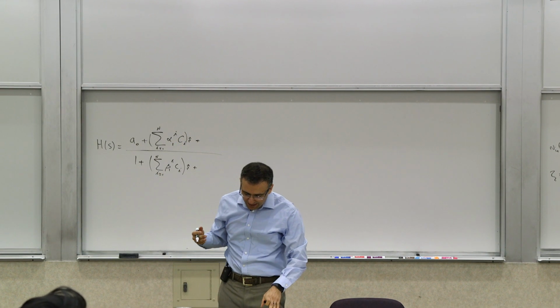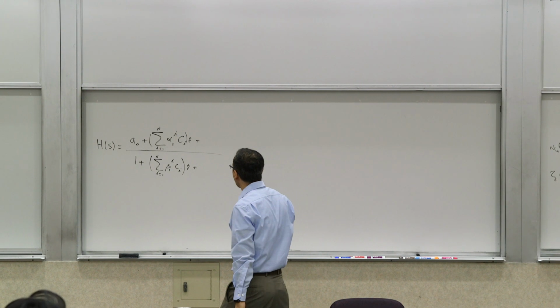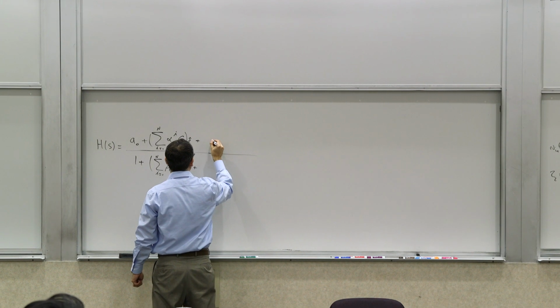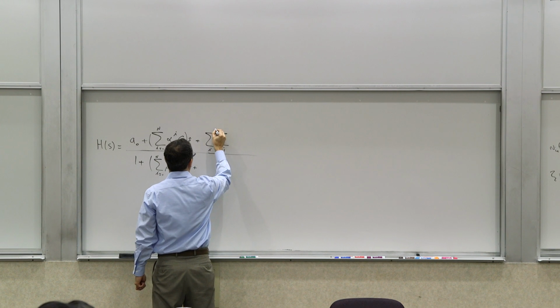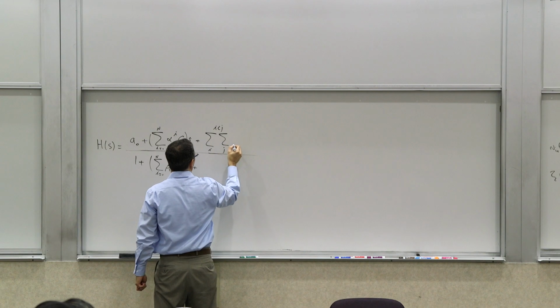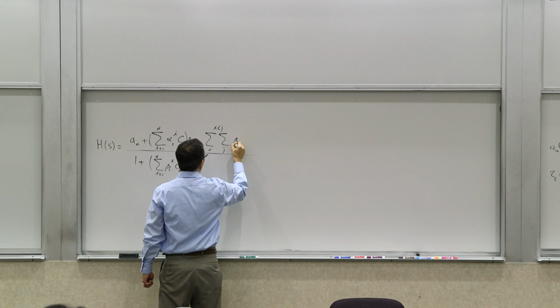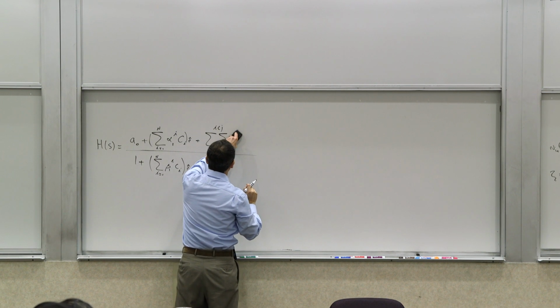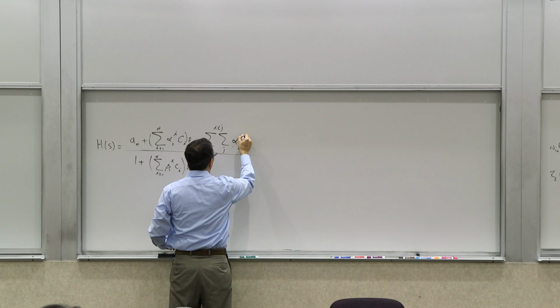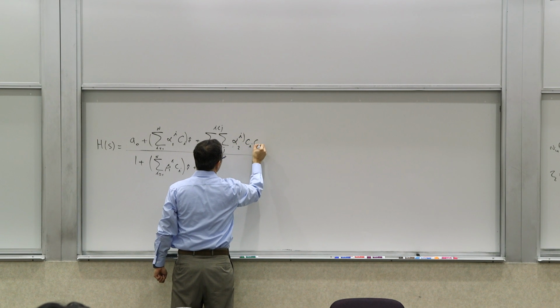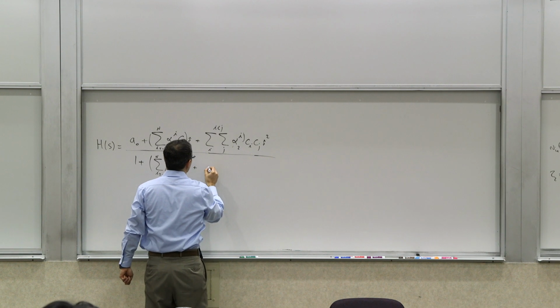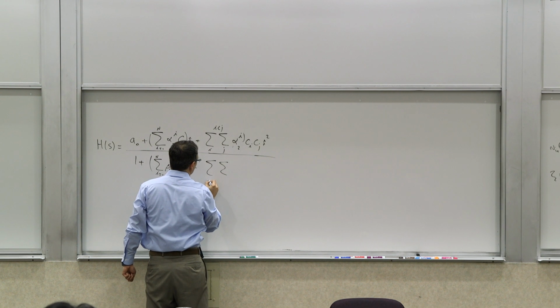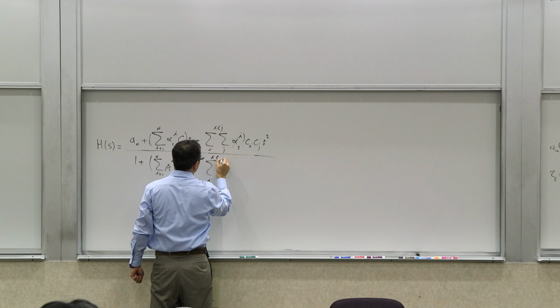And then we said there are actually higher order terms. We actually wrote the second order term when we were doing the derivation. The second order term was this sum of, in the numerator, alpha 2ij Ci Cj s squared. And similarly in the denominator, the same sum with beta.